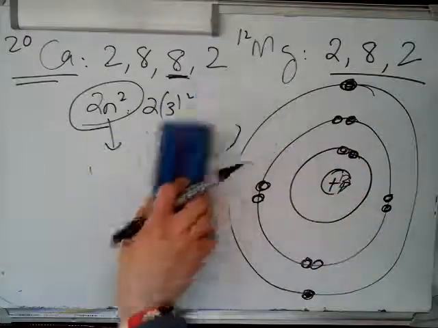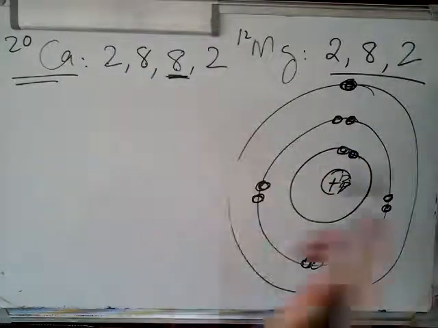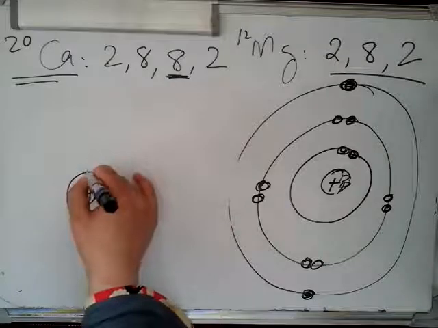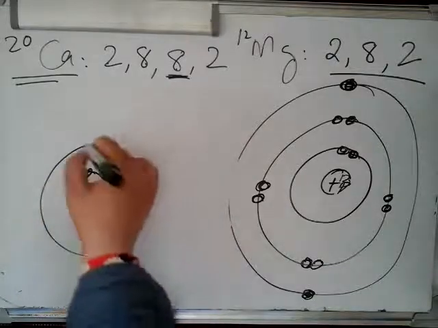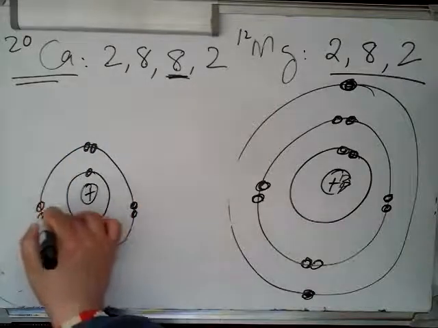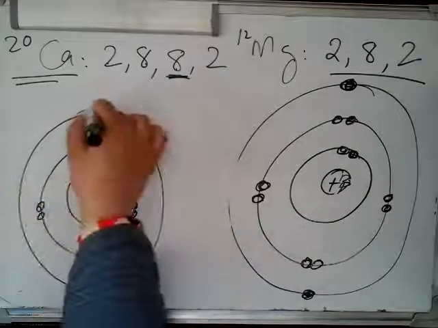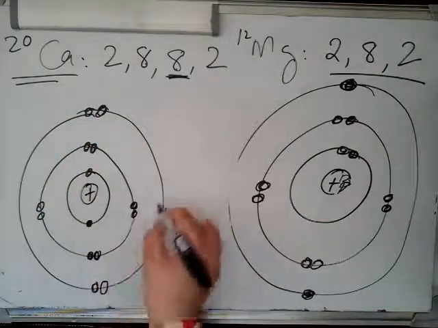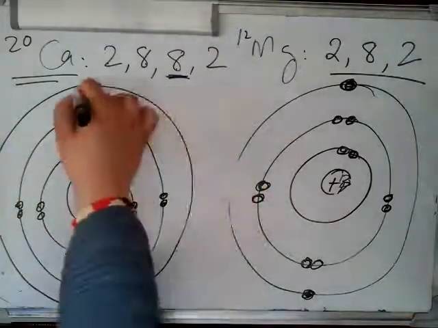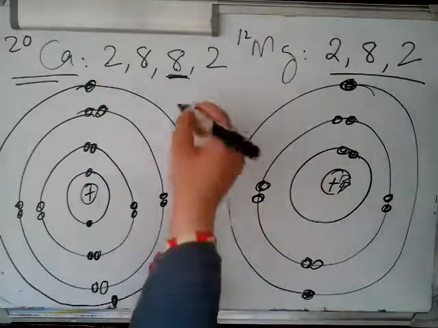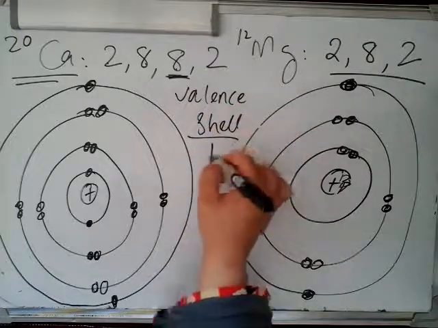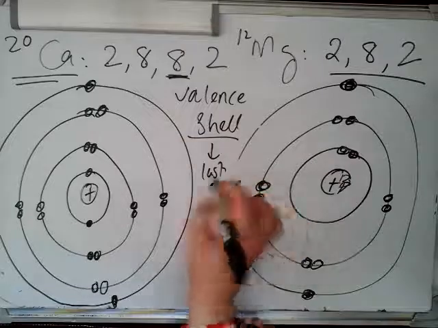Now let's draw the structure of calcium. Calcium is in the fourth period. 2 electrons in the first shell, the second shell has 8 electrons, and the third shell also has 8 electrons. The last shell is also called the valence shell, and it has 2 electrons.